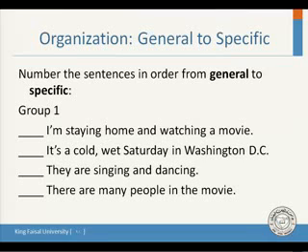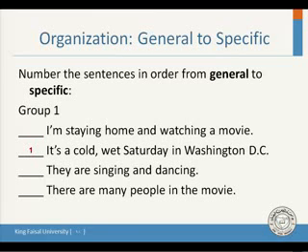There are many people in the movie. Which sentence is most general? The most general sentence. It is this one. It's a cold, wet Saturday in Washington. You see time and place. Washington and Saturday. Description, cold, wet Saturday.